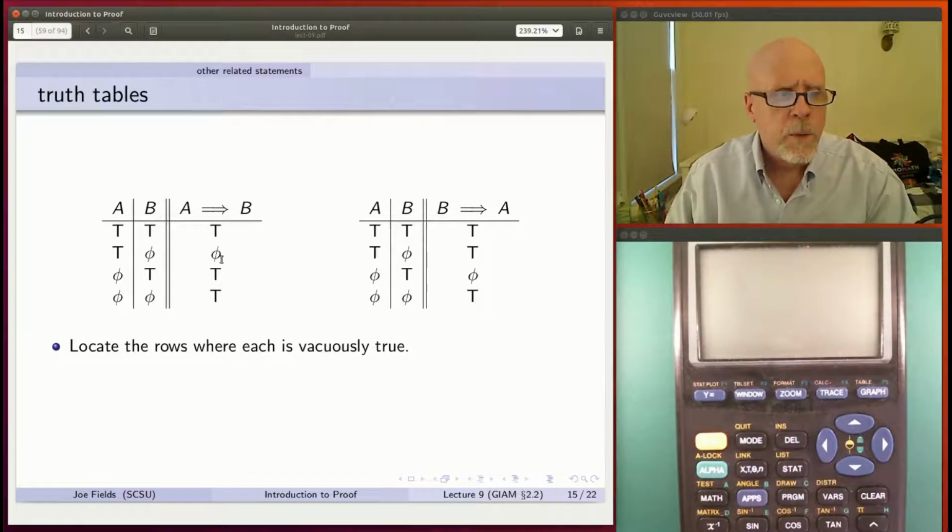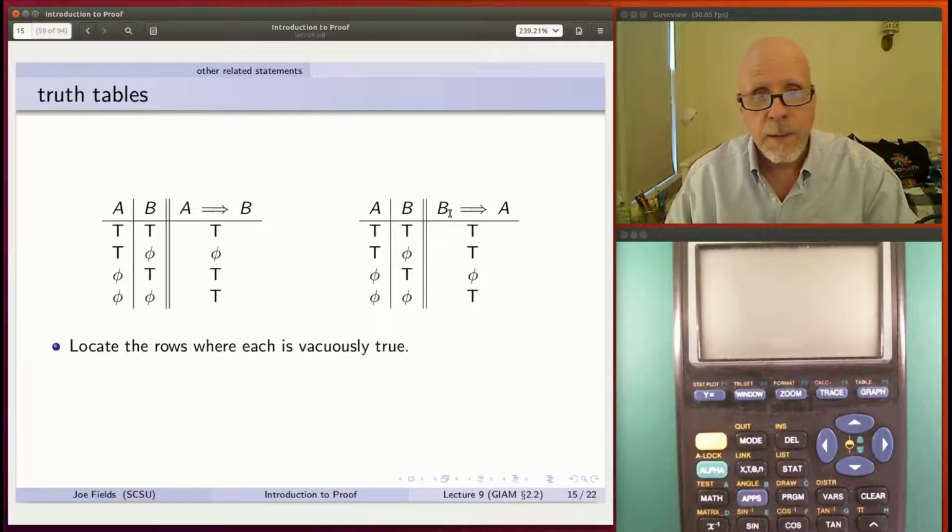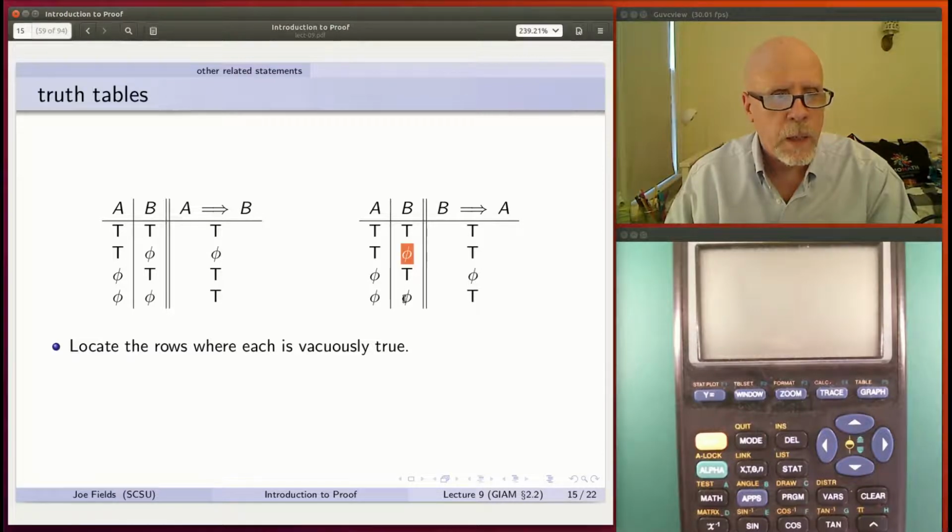Let's look at the rows where the other one is vacuous. When is B implies A vacuously true? Remember, that means the antecedent, which in this case is the B, is false. Well, I see those. That happened there and also here. So these two T's are from vacuous truth.